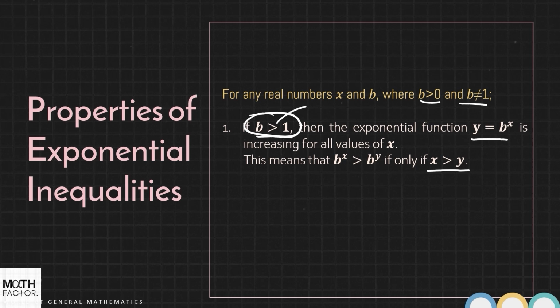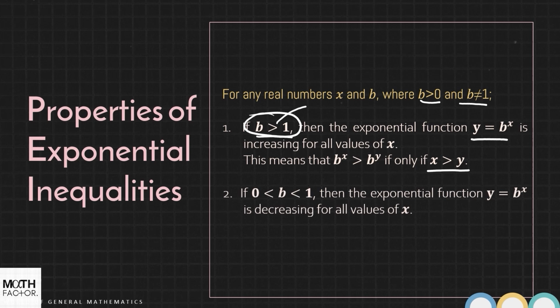On the other hand, for our second property, if the base is greater than 0 but less than 1, meaning from 0 to 1 yung range niya, then the exponential function y equal to b raised to x is decreasing for all values of x. This means that b raised to x greater than b raised to y if and only if x is less than y.